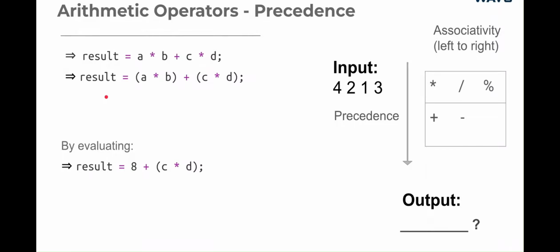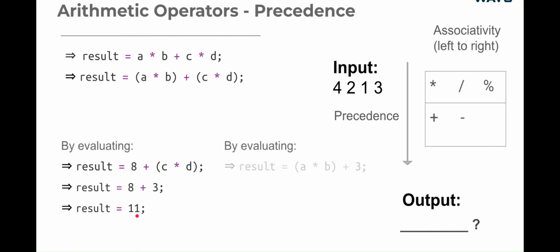First of all, the first preference is multiplication in this condition, and second we should evaluate. A into B, where A is 4 and B is 2, 4 2s are 8, and the next preference is 1 into 3, where C is 1 and D is 3.